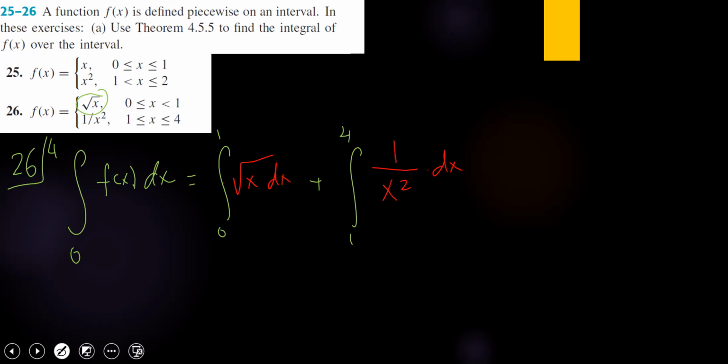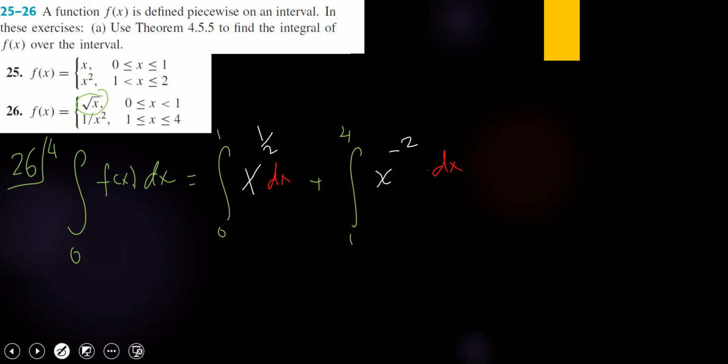Then after that, here, square root of x, I can write it as x to the power half. And 1 over x squared, I can write it as x to the power negative 2. So I simplify them now to integrate.